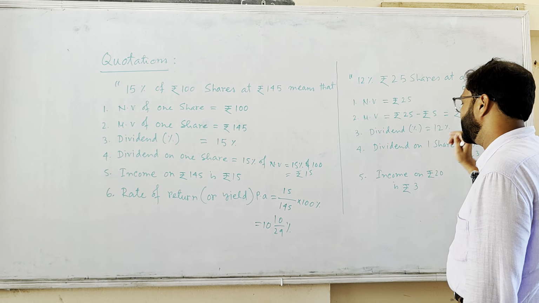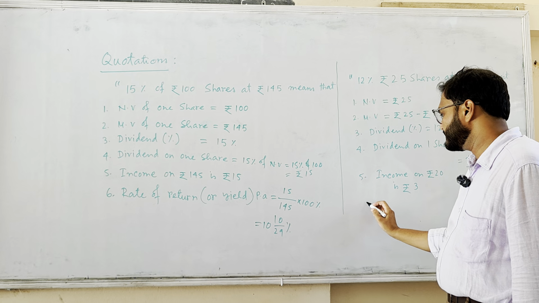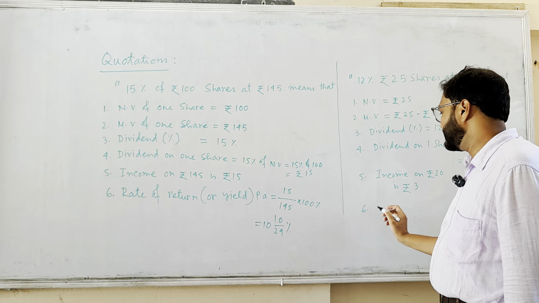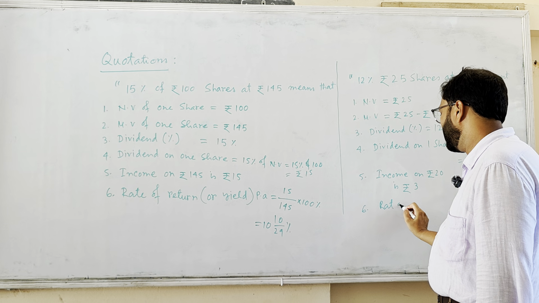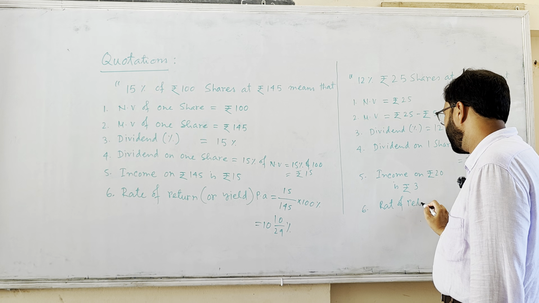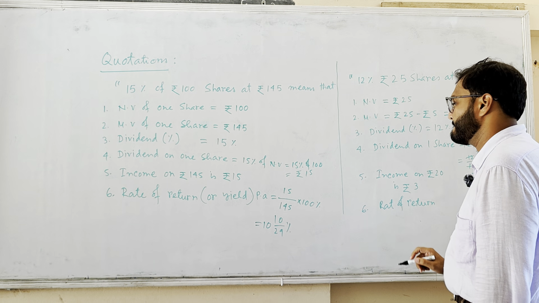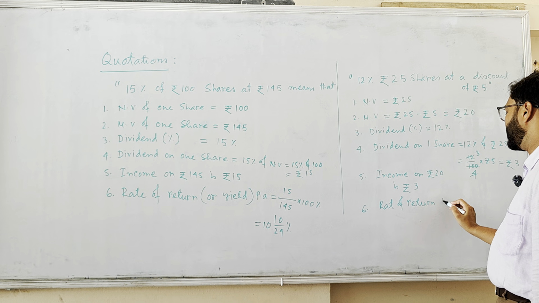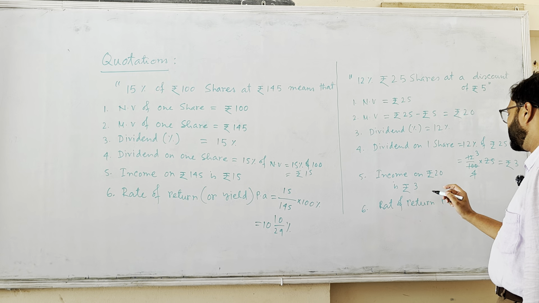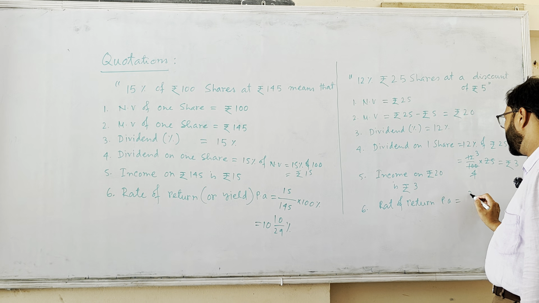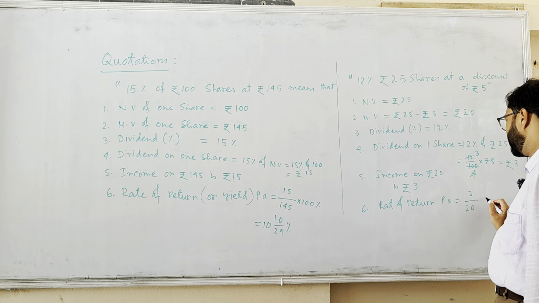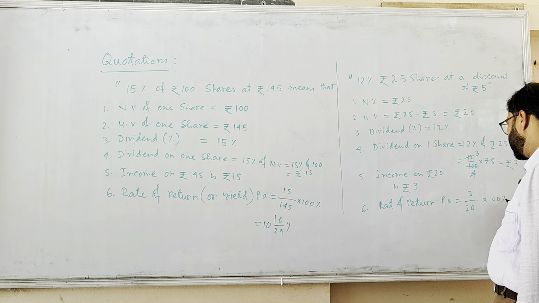Market value is 20 rupees. Okay, number 6, the rate of return per annum equals how much? We got 3 rupees, we invested 20 rupees, into 100%.